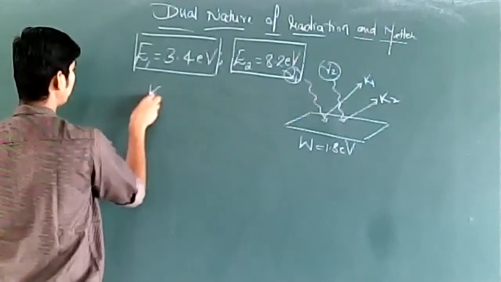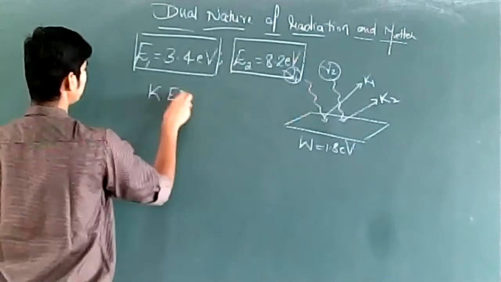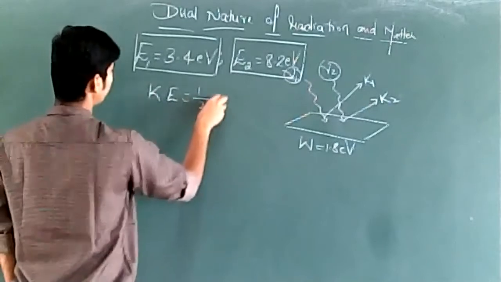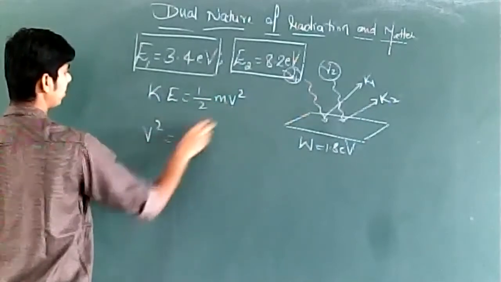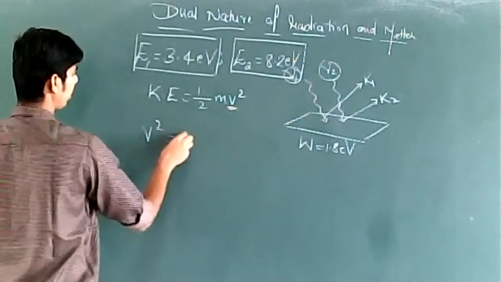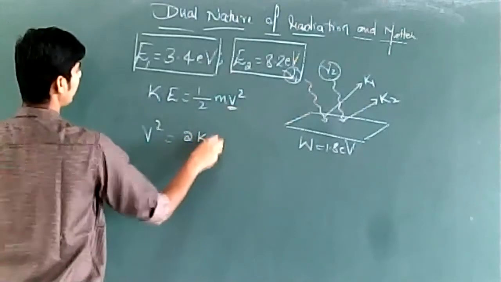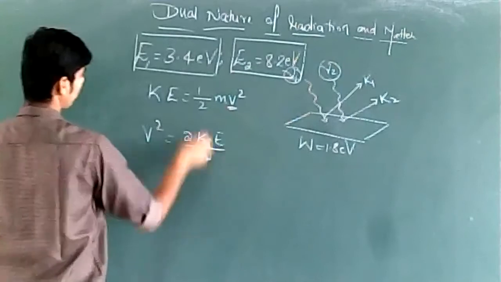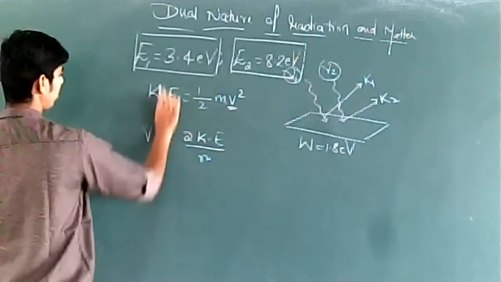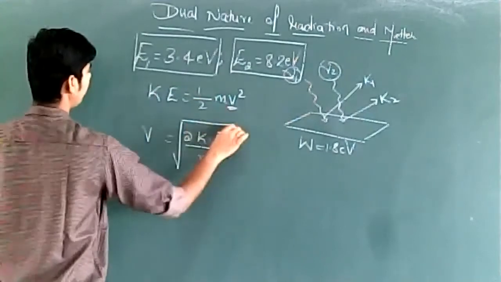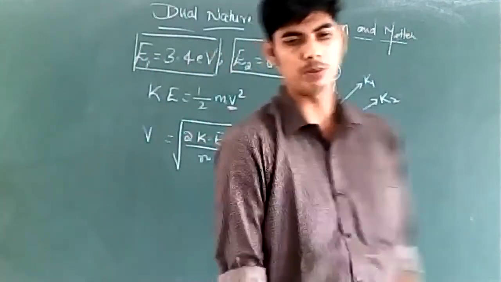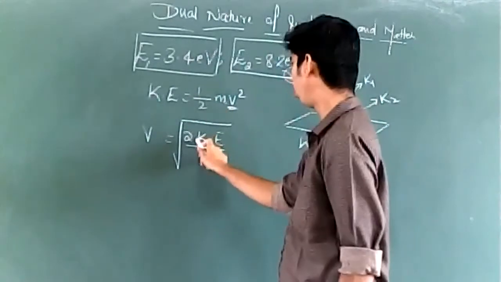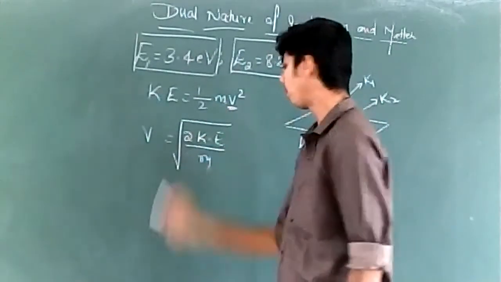We know that kinetic energy is given by half mv square. So speed square can be written as 2 times kinetic energy divided by m. Speed of the emitted electron is given by square root of 2 times kinetic energy divided by mass of the electron.